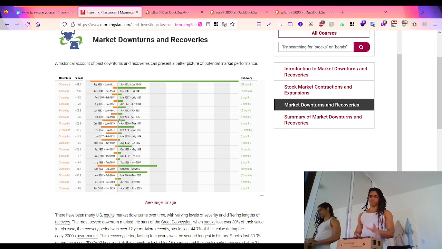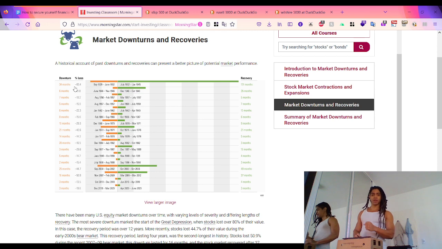So yes, the most severe depression was in 1929 to 1932. The downturn lasted 34 months.